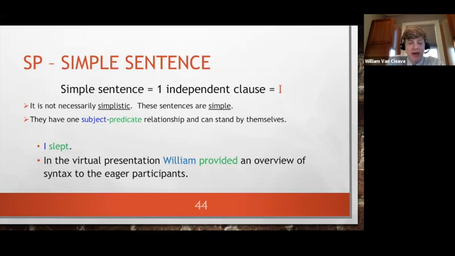So I slept is a simple sentence. It's also simplistic. But in the virtual presentation, William provided an overview of syntax to the eager participants. At least I hope you're eager. That's also simple. It's not simplistic, but it's simple because it has one subject-predicate relationship, William provided. All right, so keep that in mind as we go.